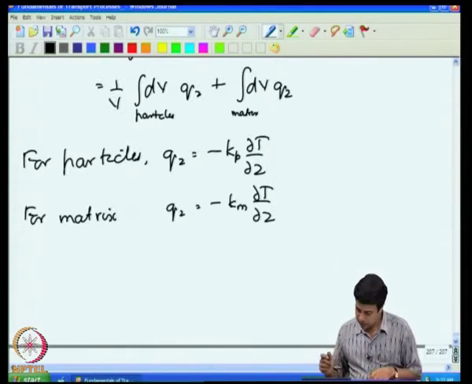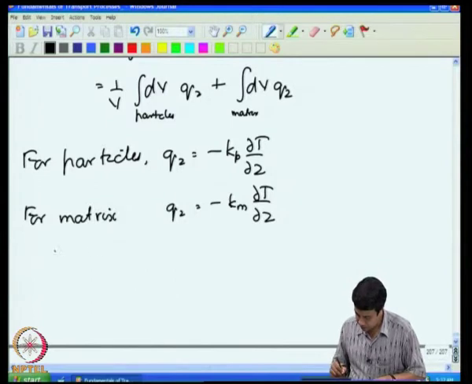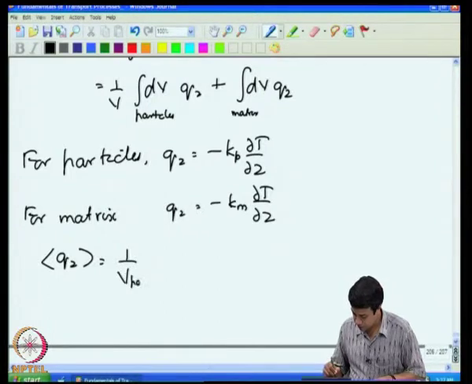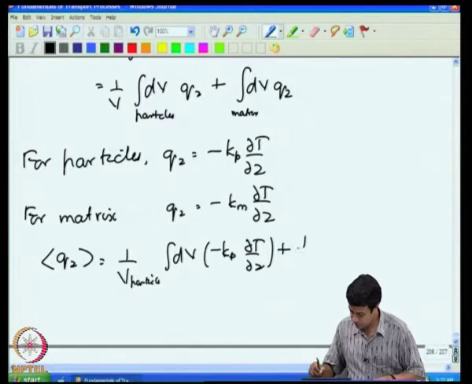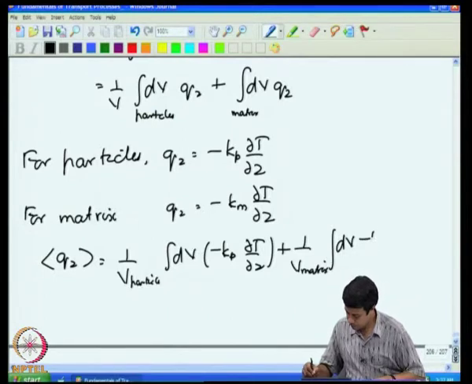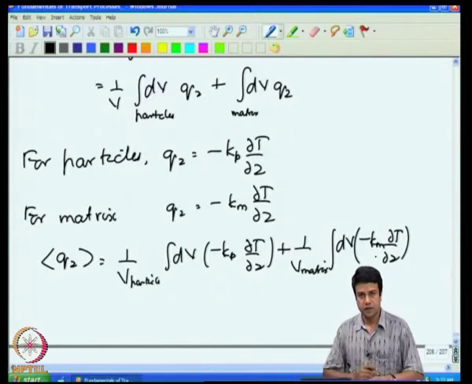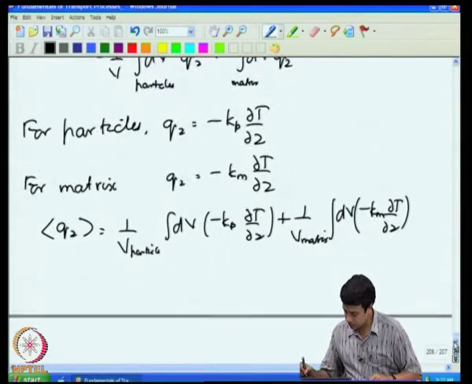So, therefore, I can write this average of Q as 1 over V, summing it over the particles and over the matrix.